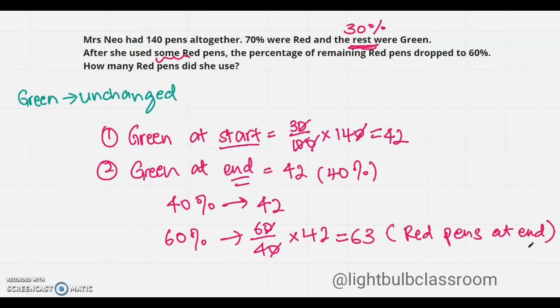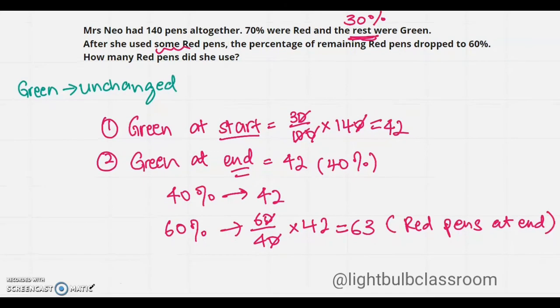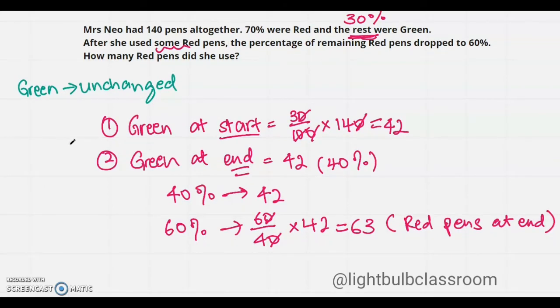All right, so the question is saying how many red pens did she use? So first we need to find out how many red pens she had in the beginning. So at the beginning she had 70% of 140. So 70% times 140 would give me what? So 70 divided by 100 times 140.